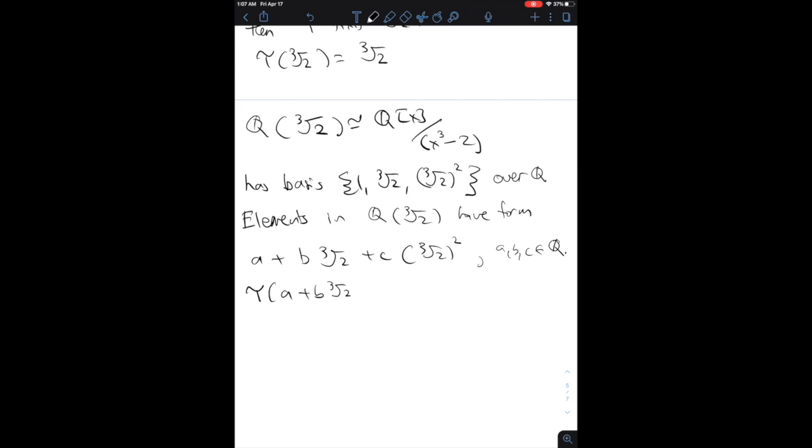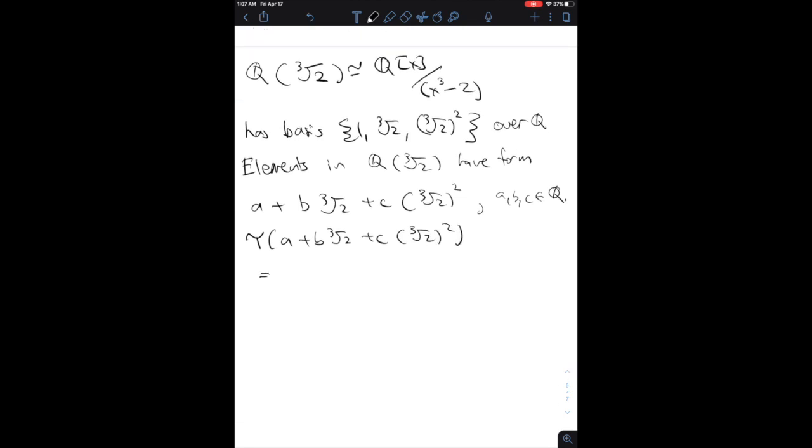And then tau has to fix everything because it has to fix all rationals, and we've proven that tau has to fix the cube root of 2. So tau of A plus B cube root of 2 plus C cube root of 2 squared has to fix A, has to fix B, has to fix cube root of 2, so it has to be the identity.